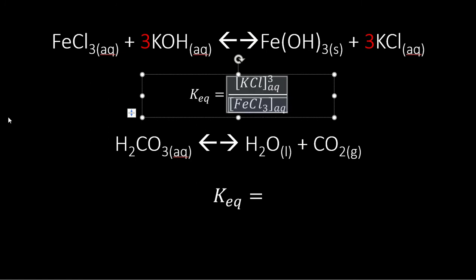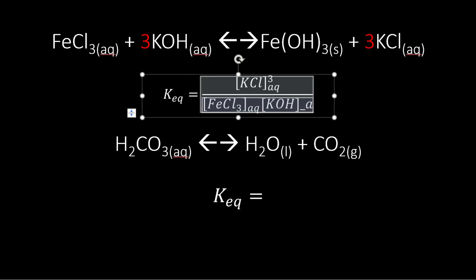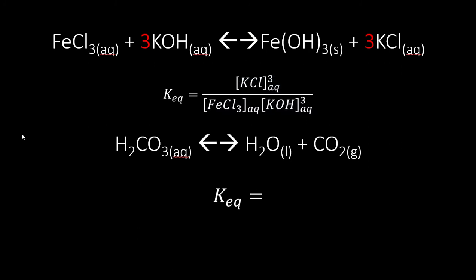We will raise it to the first power, and we will multiply that in the denominator by the concentration of potassium hydroxide, which happens to be in the aqueous state as well. And we will raise the concentration of KOH in our equilibrium constant expression to the power of 3.